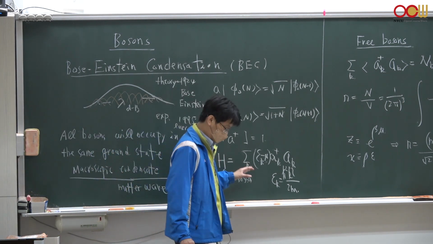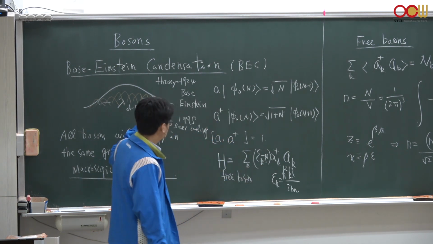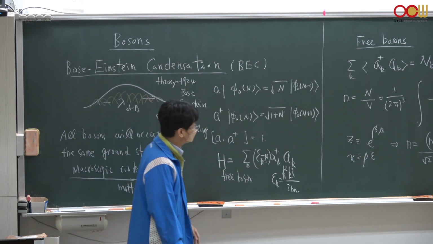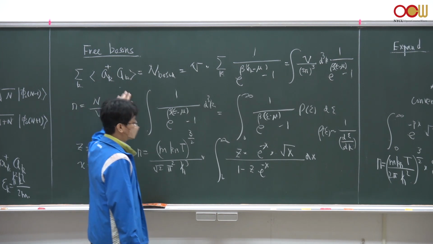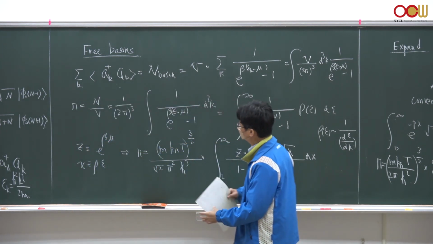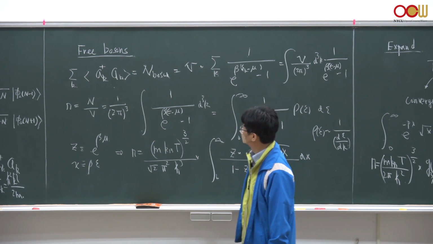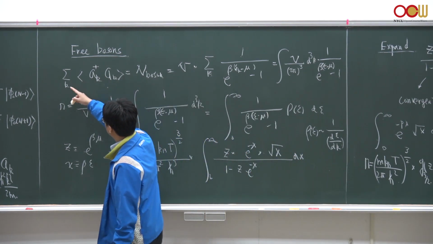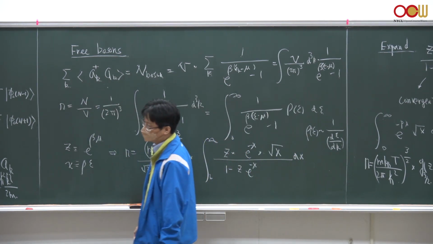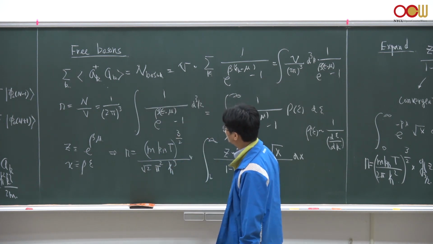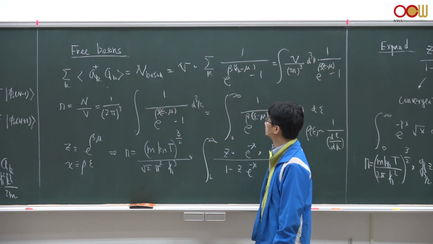And this physics is already hidden in the Bose-Einstein distribution function, which is the sum over k of this expectation value of the boson number.